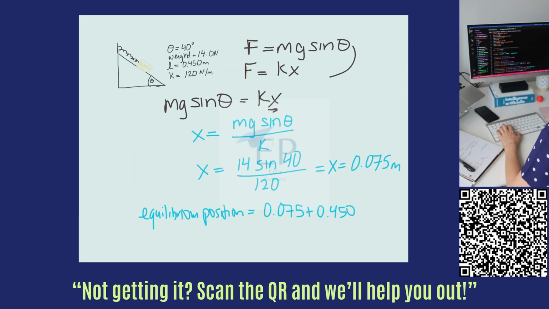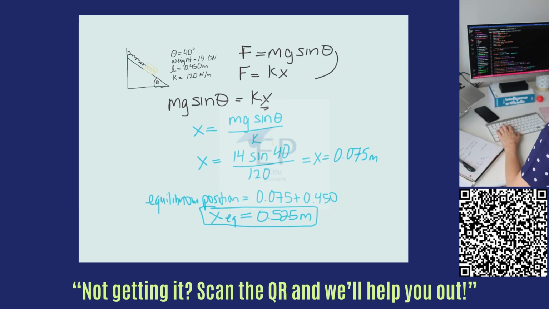So our equilibrium point, our final x equilibrium, is actually going to be 0.525 meters. That is our point of equilibrium.